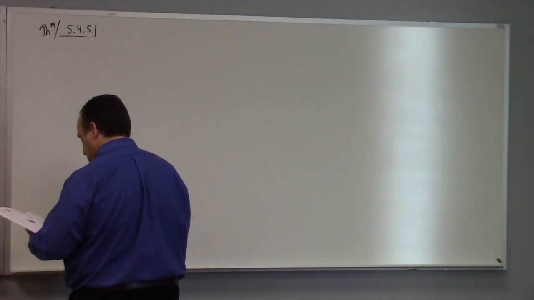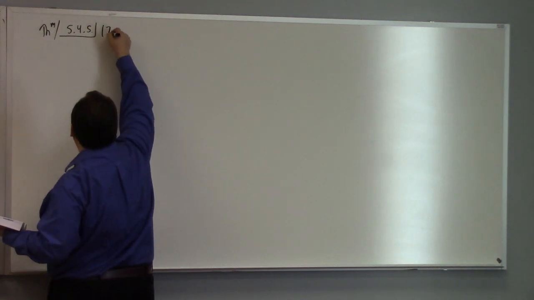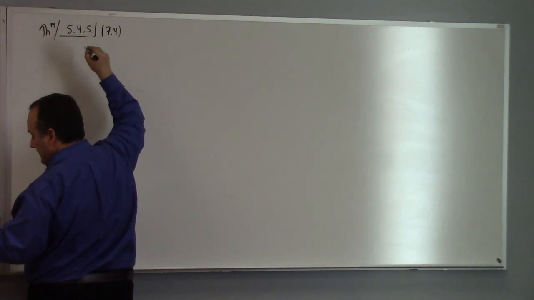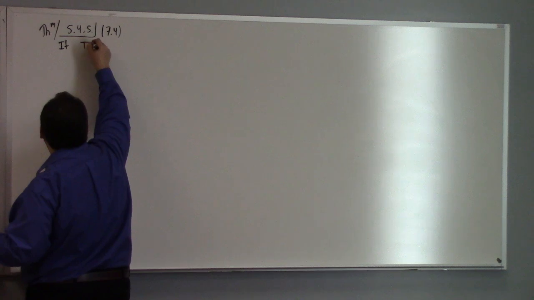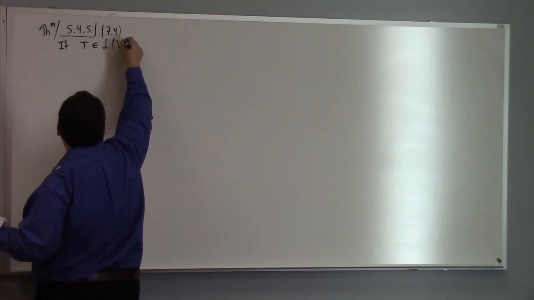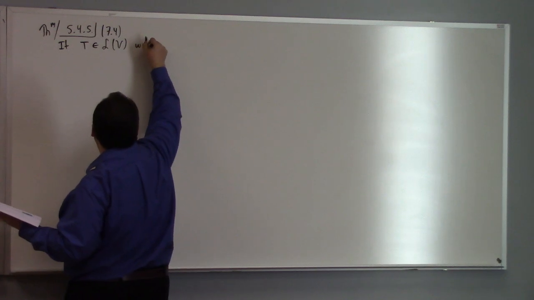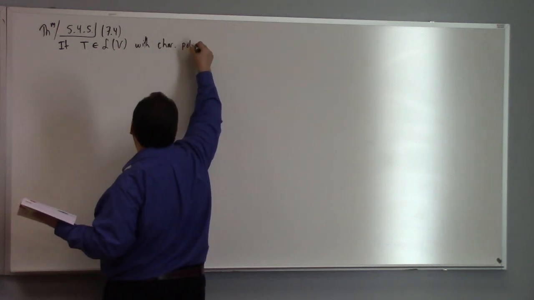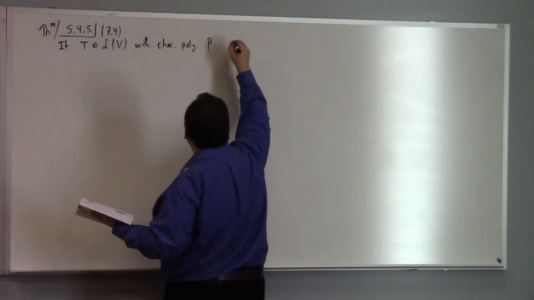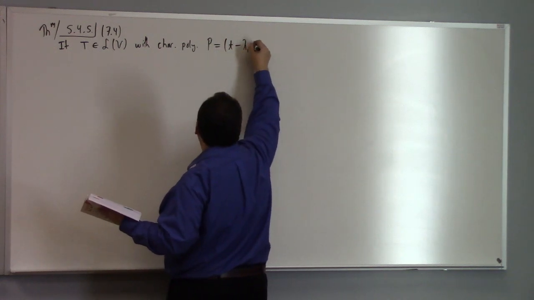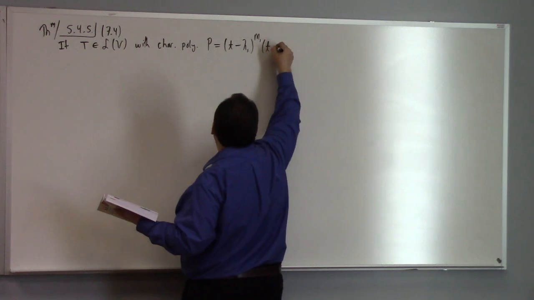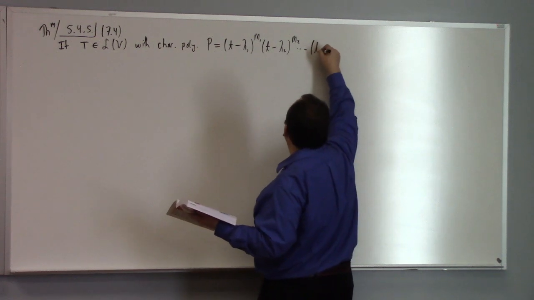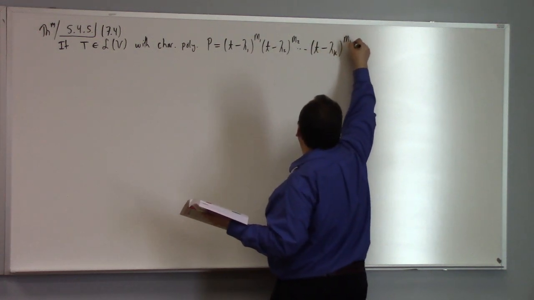Let's see here. This one's important though. This is, I believe, 7.4 in the text on page 480. And here we have: if T is a linear transformation on V with characteristic polynomial P equal to, let's say, (T minus lambda 1) to the M1 power, (T minus lambda 2) to the M2 power, up to (T minus lambda K) to the MK power, all right?